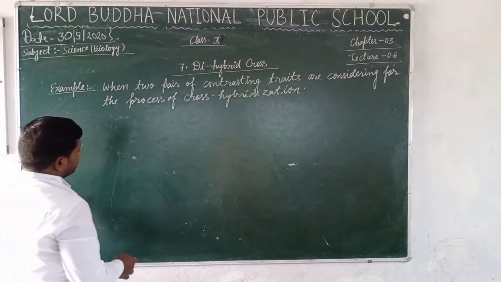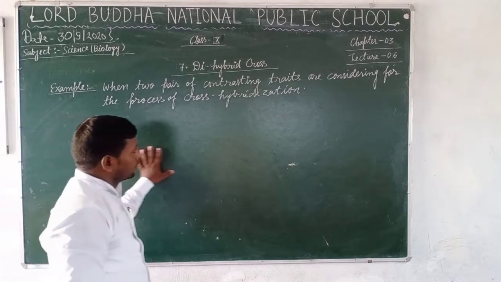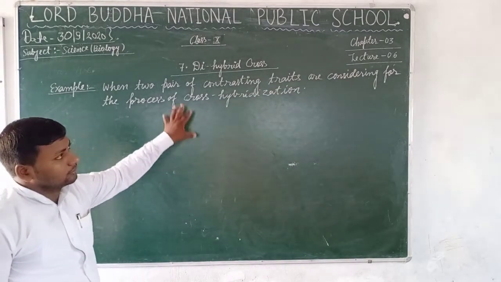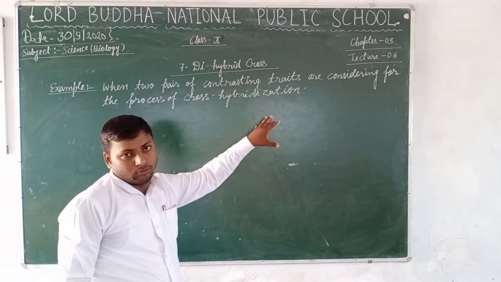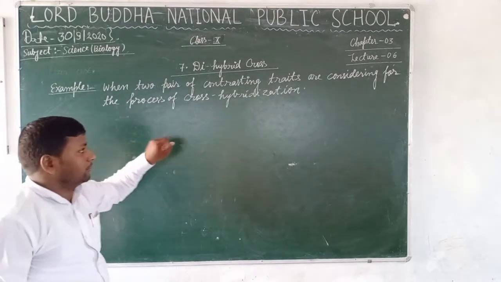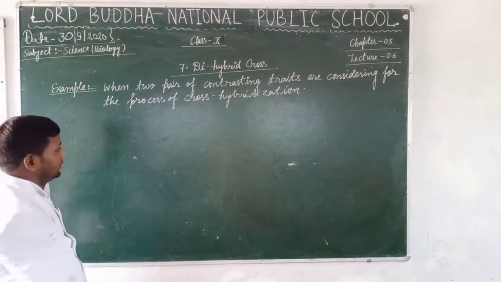So students, here I am going to take two pairs of contrasting characteristics from the Pisum sativum, it means the sweet pea or garden pea.